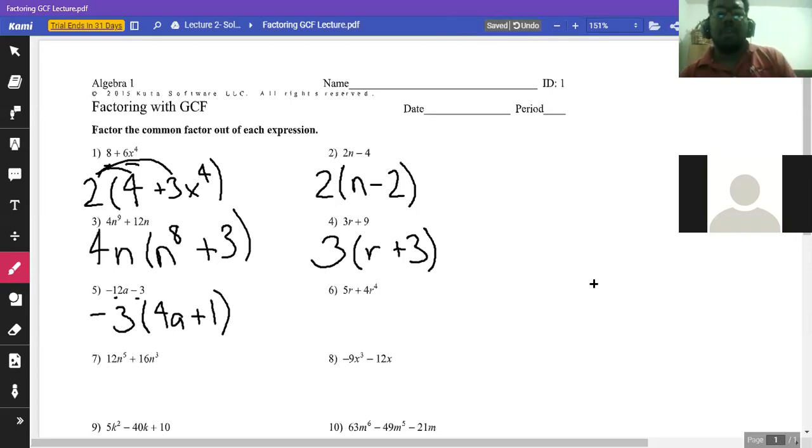Okay, and just to wrap it up, number 6. Who can tell me what I can pull out of 5r and 4r to the 4th?